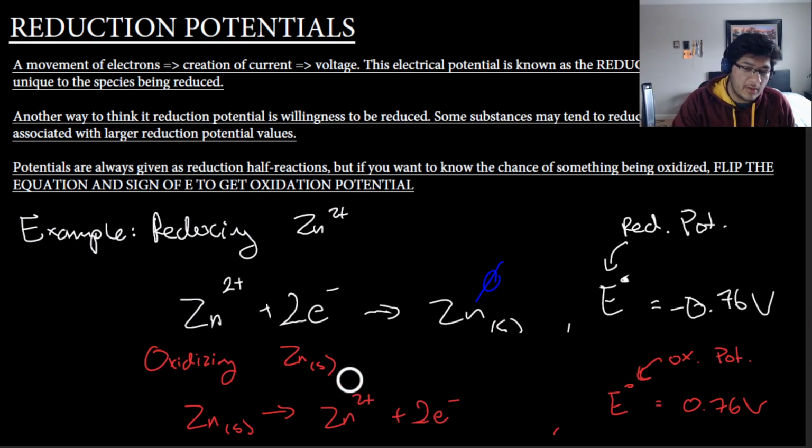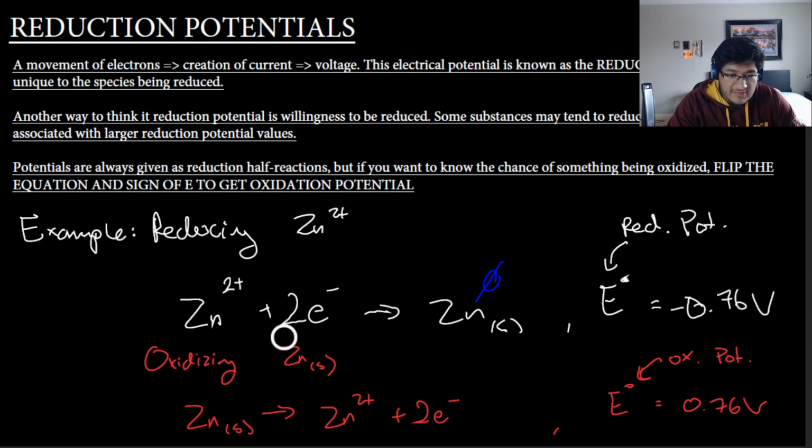So for example, this reduction equation is associated with a reduction potential, which is in this case negative 0.76 volts. So if you flip the equation, we're finding how willing it is to be oxidized. Now, what do I mean by how willing it is?